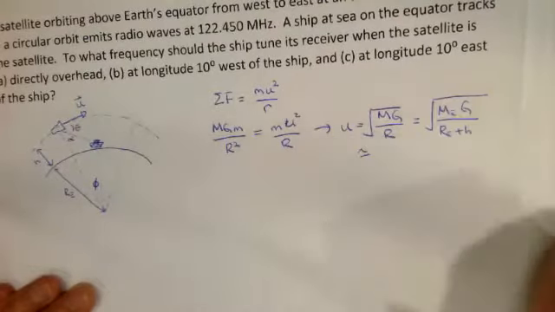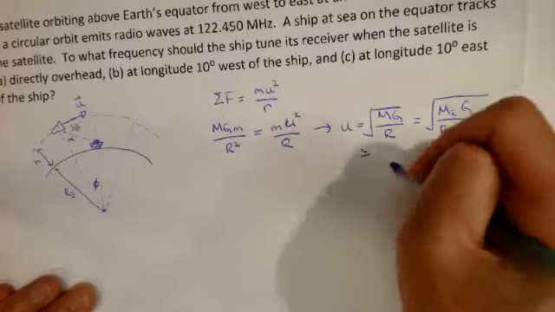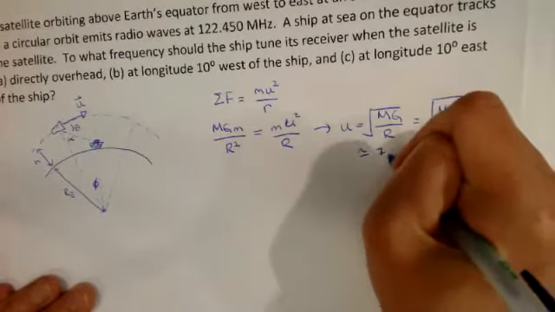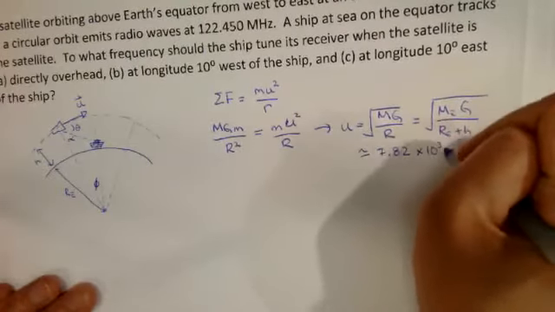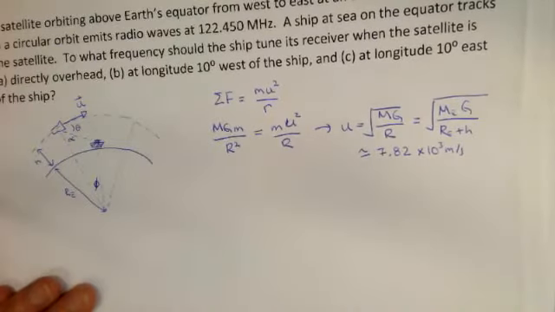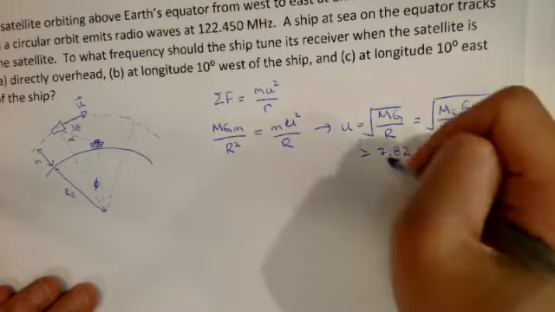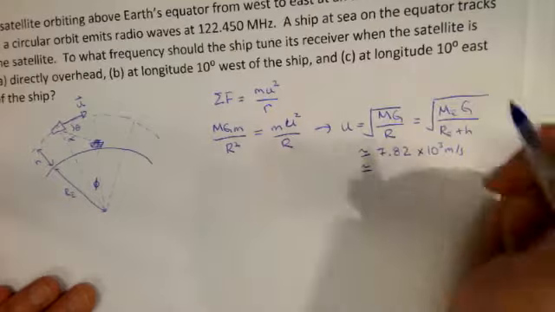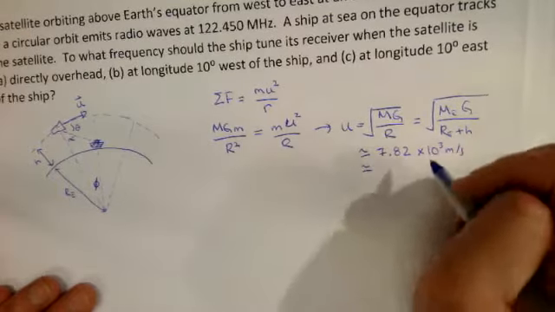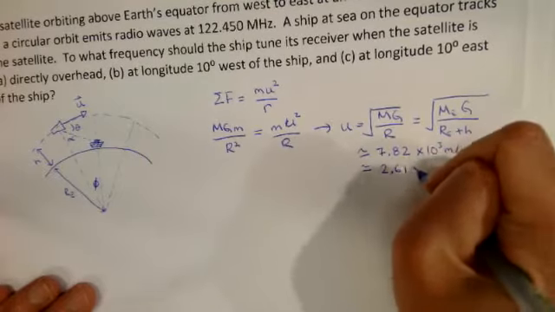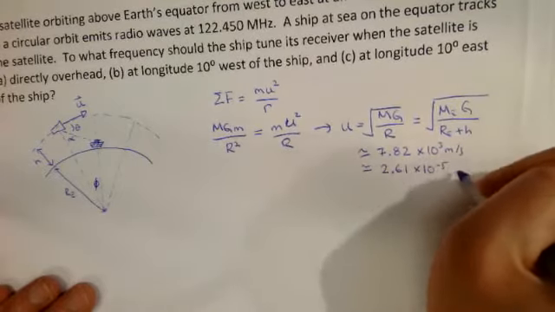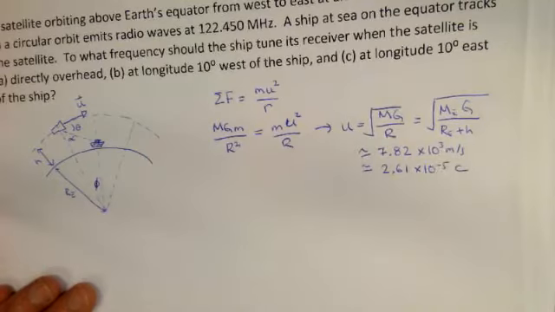And if we do that, we get that u is somewhere on the order of about 7.82 times 10 to the 3 meters per second. It'll help us later. I'm also going to write this in terms of fractional speed of light. It's about 2.61 times 10 to the minus 5 times c, speed of light.